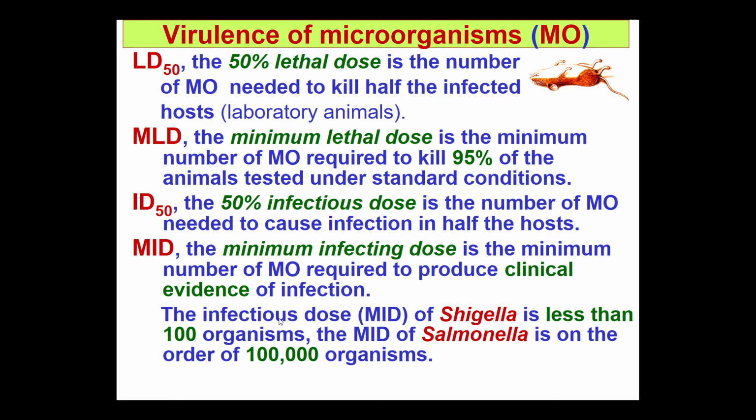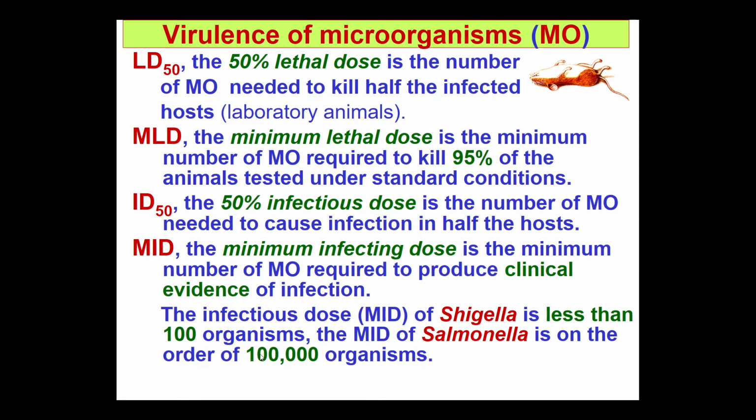So the minimum infectious dose of Shigella is less than 100 organisms. It means that 100 cells of Shigella, when entering the human body, may cause the disease to develop. The minimum infectious dose of Salmonella is on the order of 100,000 organisms.